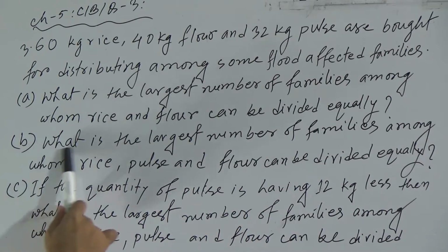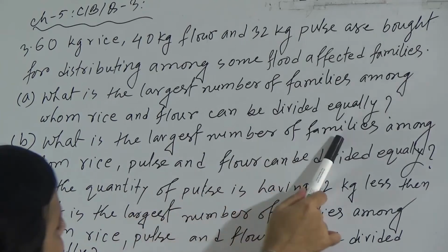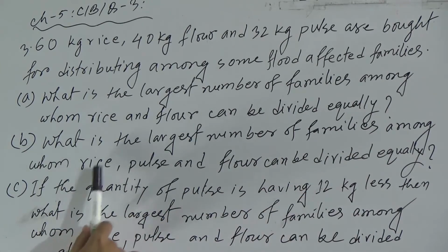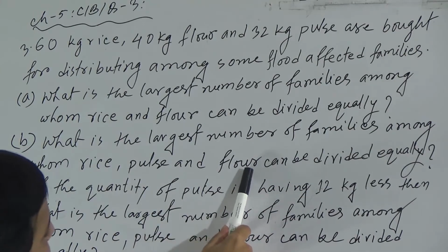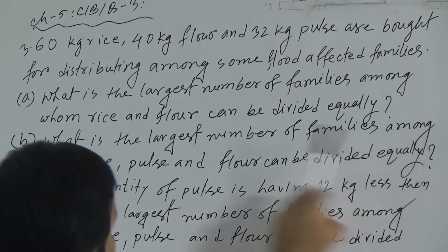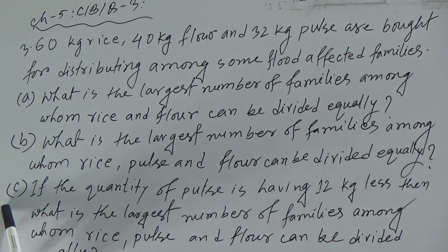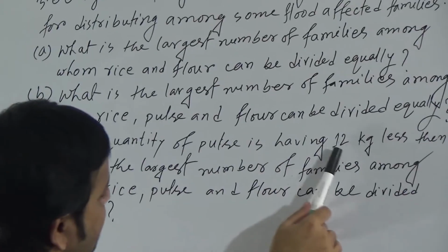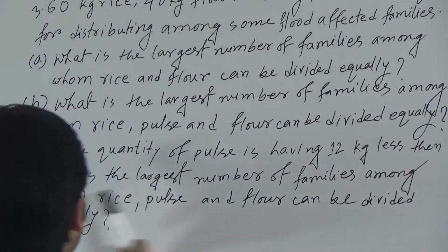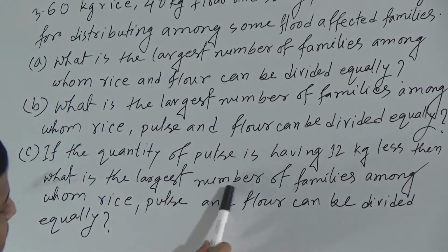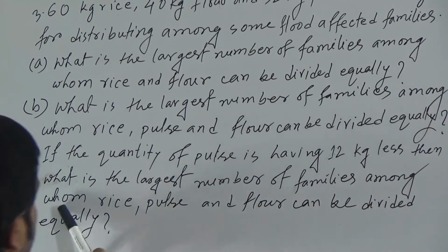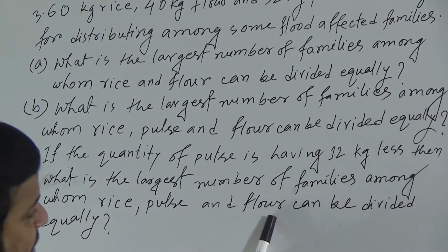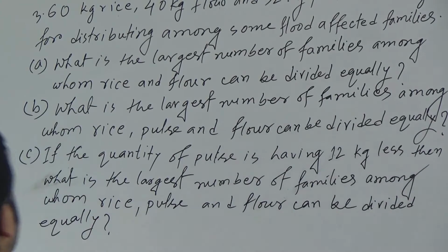Question B. What is the largest number of families among whom rice, pulse and flour can be divided equally? Question C. If the quantity of pulse is 12 kg less, then what is the largest number of families among whom rice, pulse and flour can be divided equally?